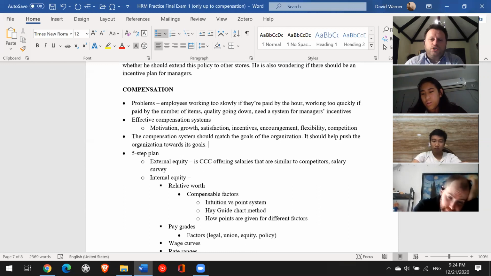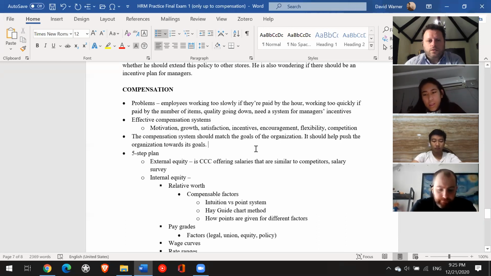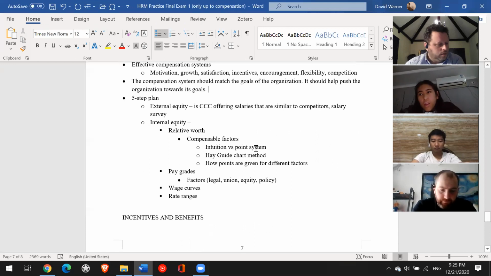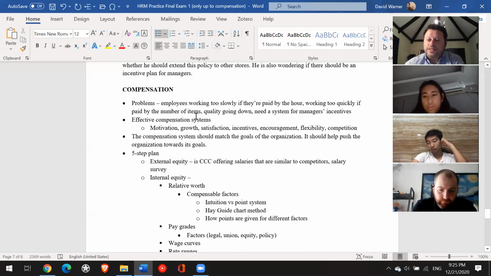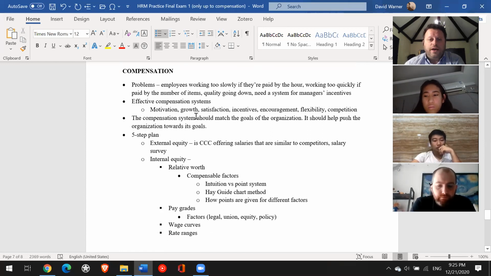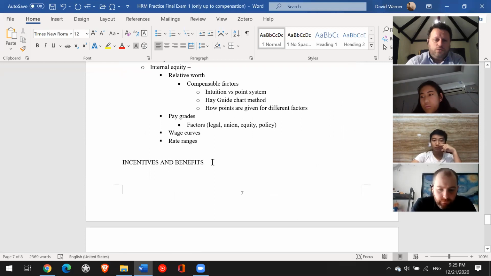Now, what is Jack's goal? We don't even know. His goal is quality, I guess. So then the compensation system should be based on achieving pretty quick service with pretty high quality. Again, if you have additional questions about this, either ask me over email or WeChat, or tell me you want to have an additional meeting and we can do that too.